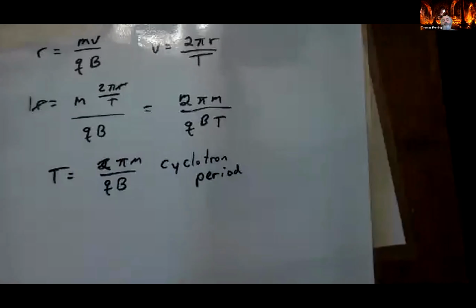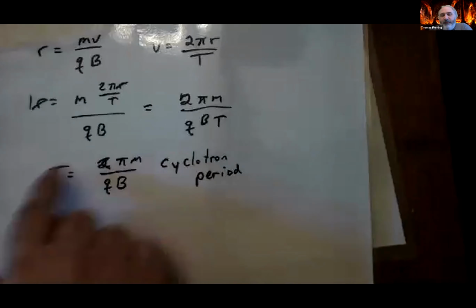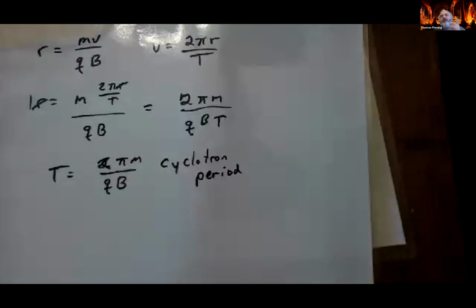So what this tells me is that if I have a moving particle in a magnetic field, it's going to go around and it's going to take a certain amount of time to make every one complete lap. Right? That's the period, the time it takes for one lap around the circle. And what's cool is that the time for one lap, notice the velocity is gone, right? It doesn't matter how fast you're traveling, it'll take the same amount of time to go all the way around.